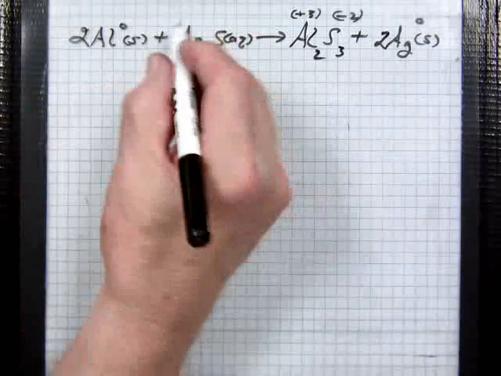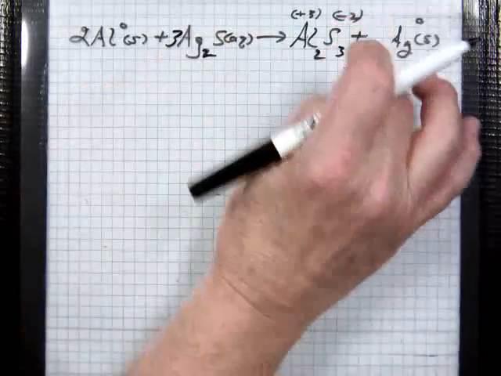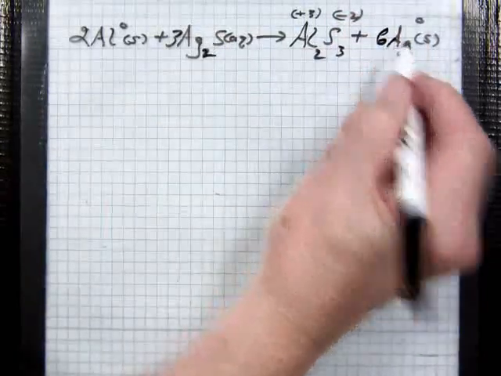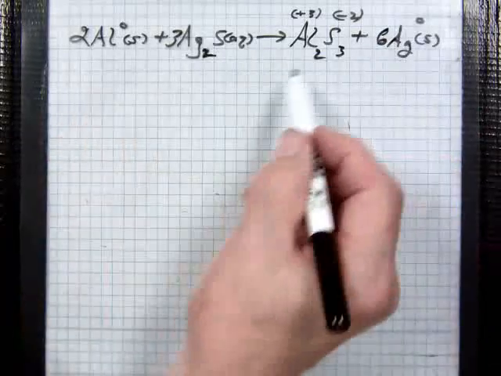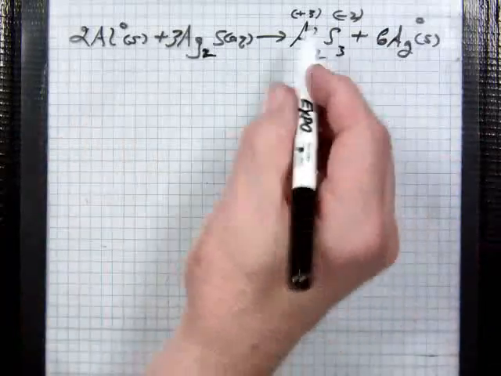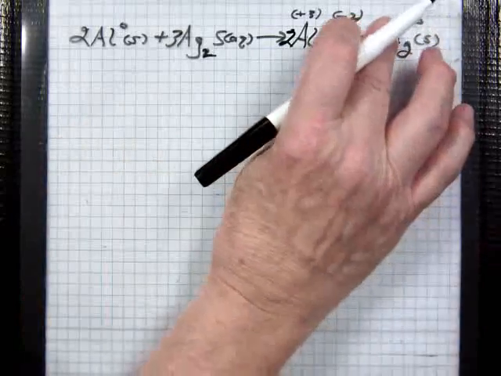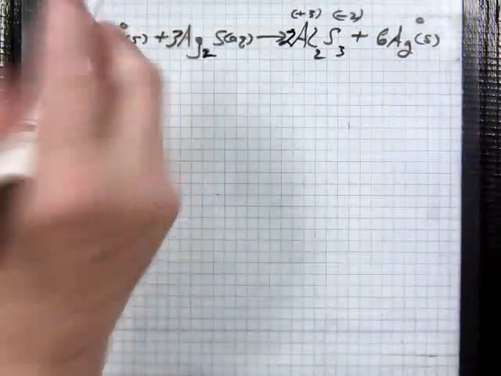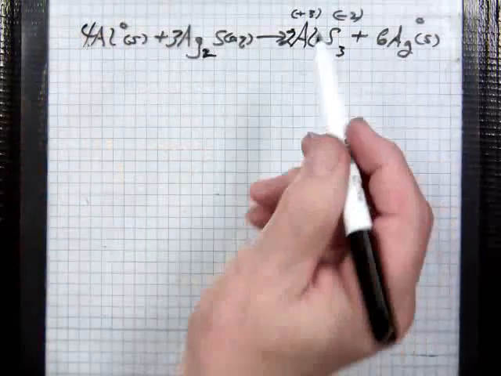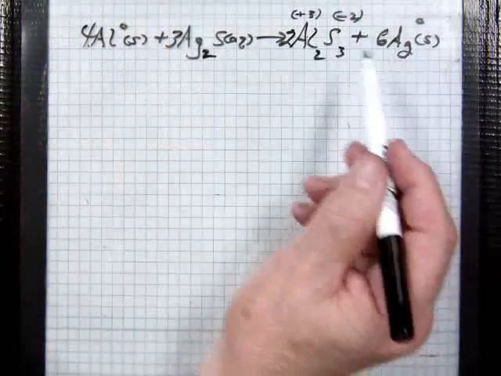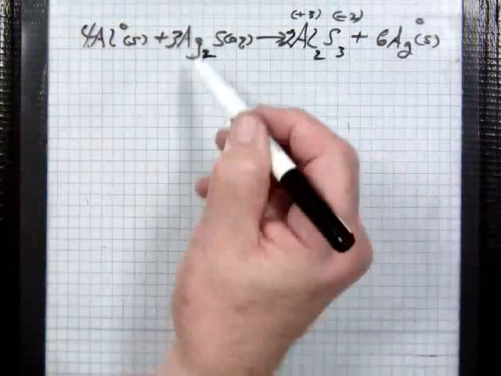So I've got to have 3 there, 6, so I'm going to kick that up to a 6. So I've got 6 silver, 2 aluminums, and 3 sulfurs.